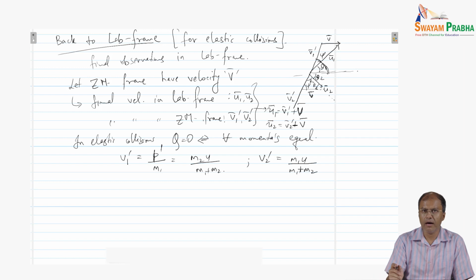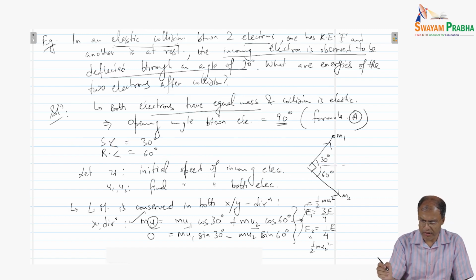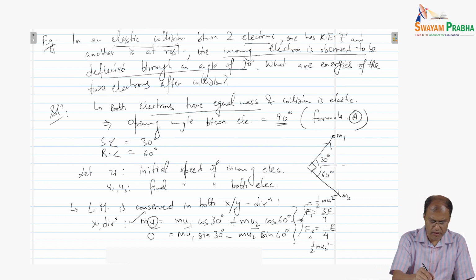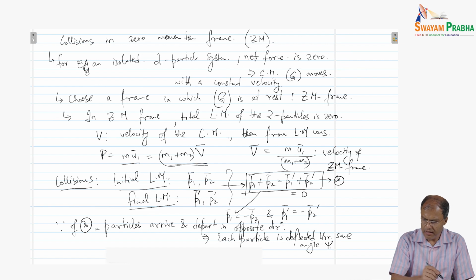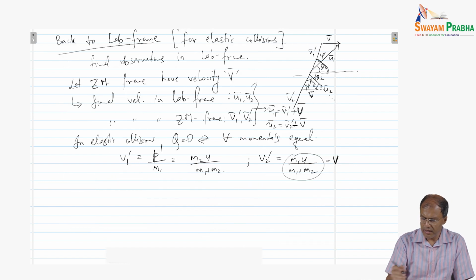If listeners carefully notice, this is the same quantity that we found for the velocity of the center of mass. Somewhere down the line we had also found the velocity of the center of mass, and we found that v2 prime is the velocity of the center of mass.